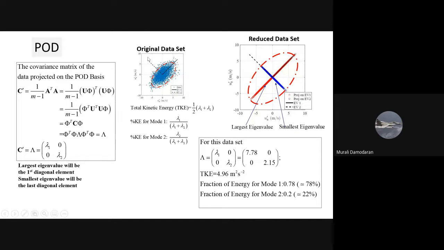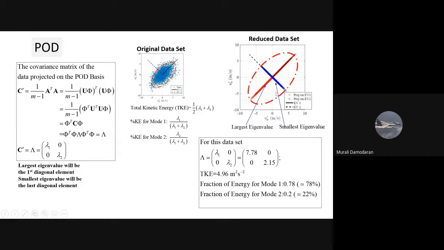Now the largest eigenvalue will correspond to this, and based on the eigenvalues, you have the total kinetic energy, which is given by that. The eigenvalues basically will help you. The percentage of kinetic energy for the first mode will be this one here, and the second mode is that. For the given data set, you can find that the total KE is 4.96.